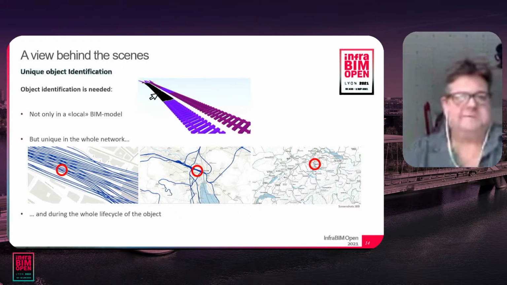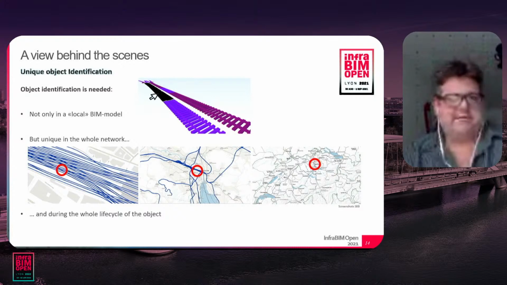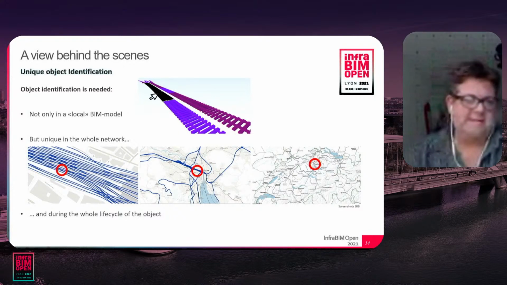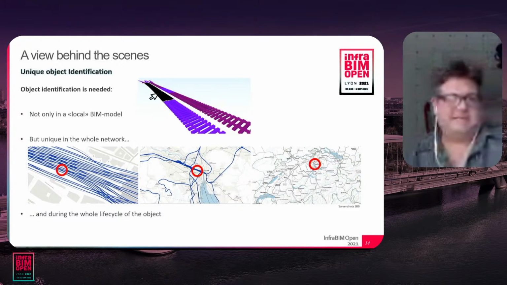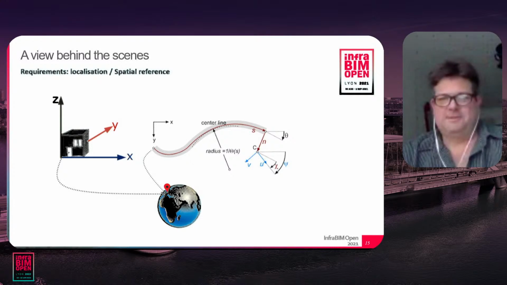You can have it in an area, in a region of Zurich or in Switzerland, somewhere in the network. This panel must be unique. It must have a unique identification, and as you see at the bottom of the slide, during the whole lifetime of the object, this identification must be stable. So from the start to the end. Yep, that's already Claude's slide.